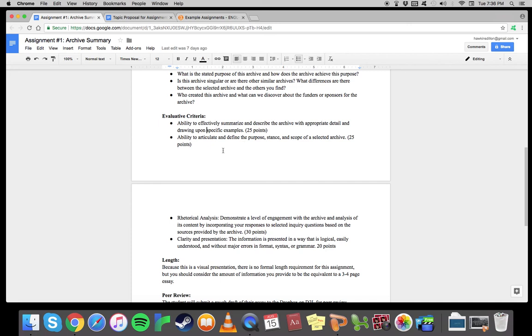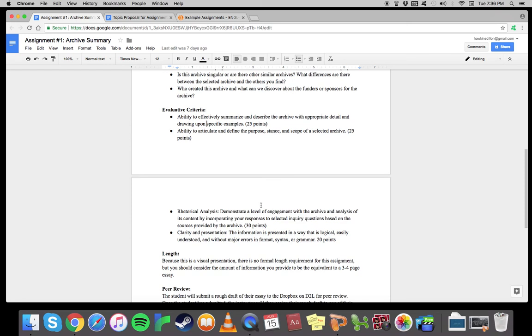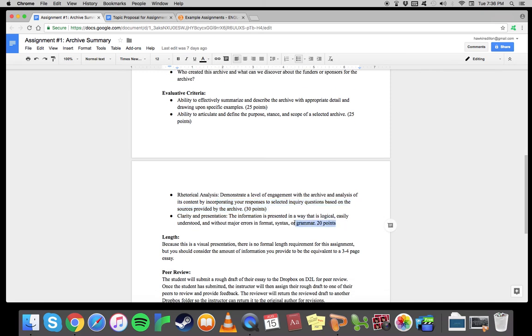Okay, 25 points will go to the ability to articulate and define the purpose, stance, and scope of your archive. 30 points will go to rhetorical analysis, in which you demonstrate a level of engagement with the archive and analysis of its content by incorporating your responses to selected inquiry questions based on the sources provided. And then clarity, like, is your information presented in a clear manner? Is your slideshow presentation error-proof, complete sentences, and so on and so forth.